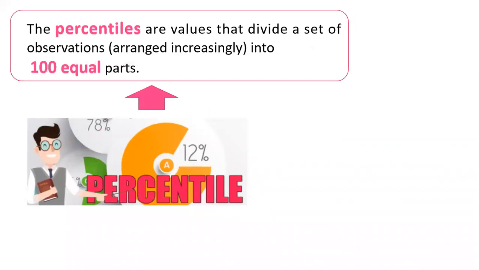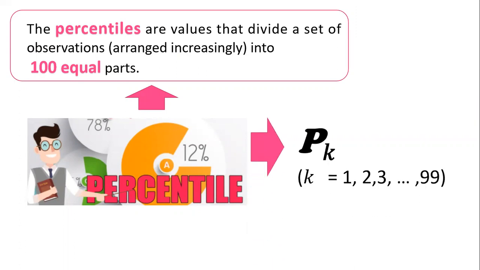So let's start with percentile. The percentiles are values that divide a set of observations arranged increasingly into 100 equal parts. Percentile is denoted by P sub k, where k ranges from 1 up to 99.